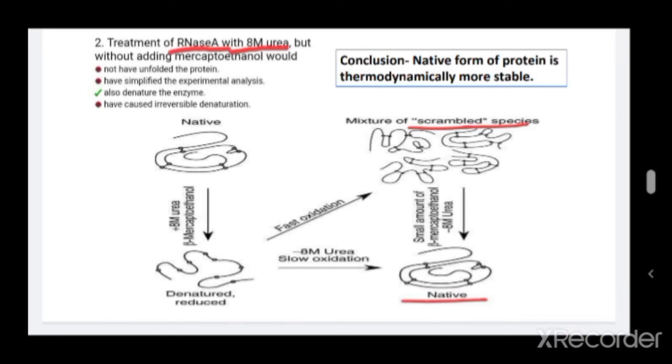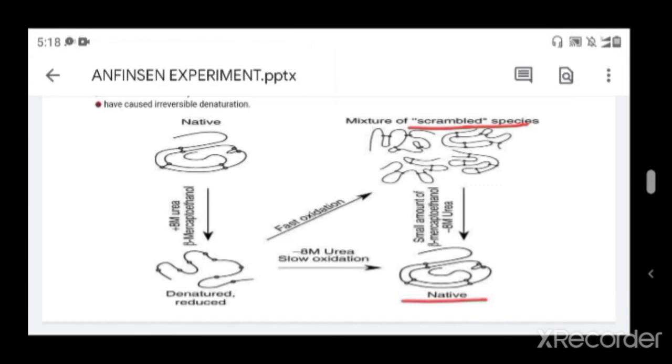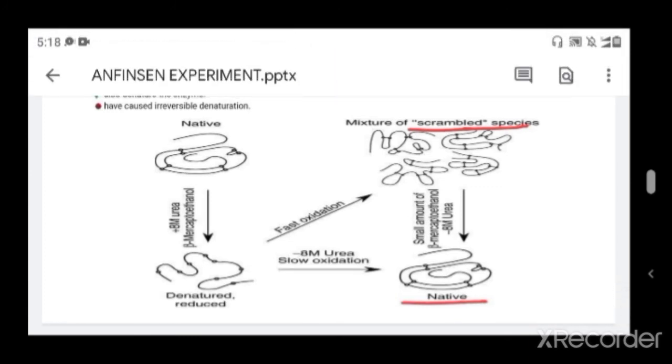So here is one question: the treatment of RNase with 8M urea but without adding mercaptoethanol would also denature the enzyme. I already told you there will be inactive ribonuclease with randomly formed disulfide bonds. So the conclusion is the disulfide bridges break and the hydrophobic forces between the amino acids disappear.